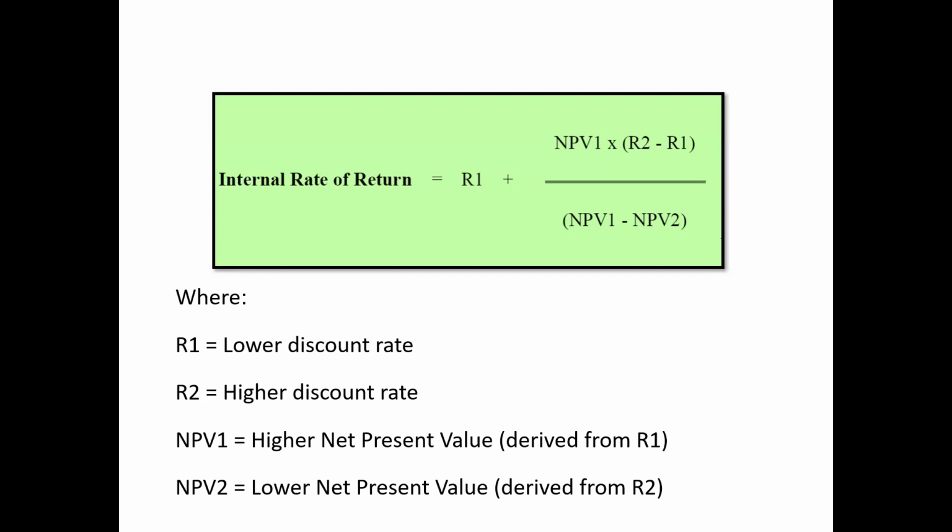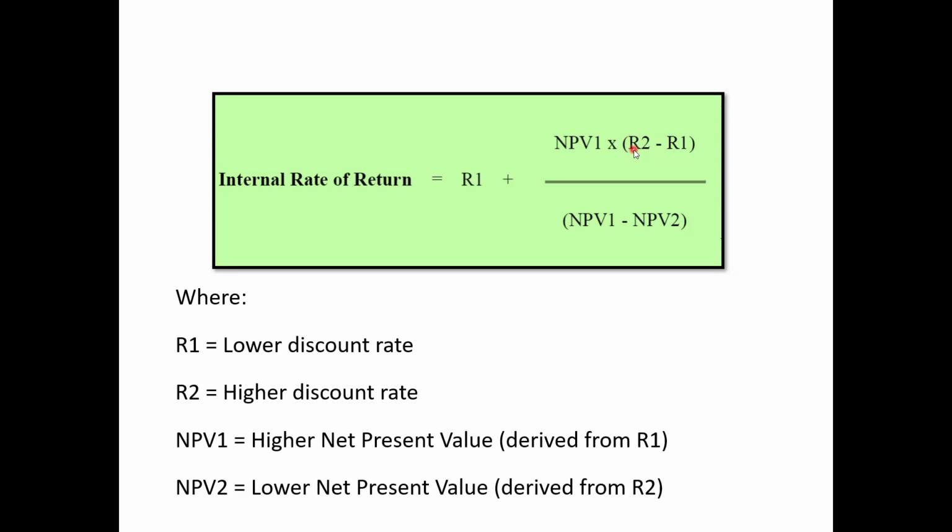Just look at it carefully. First step, what we are going to do is we are going to take the lower discount rate. Then for that one, we are going to add the difference between the discount rates R2 and R1, higher and lower.